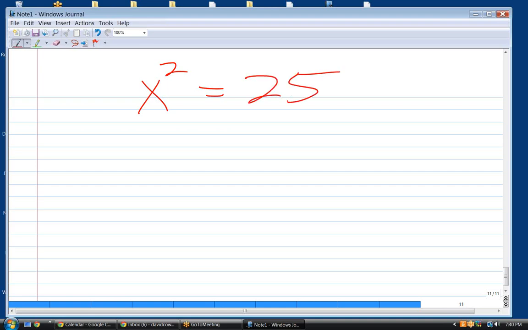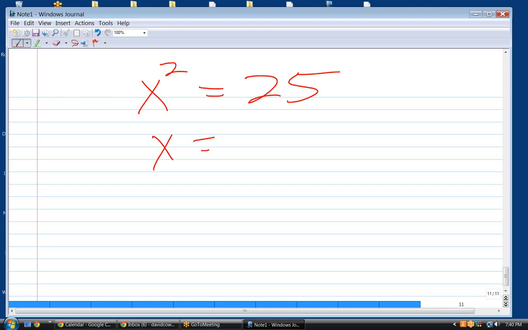That's x squared minus 25 equals 0. But there's another way to solve this, and that's by taking the square root of both sides.